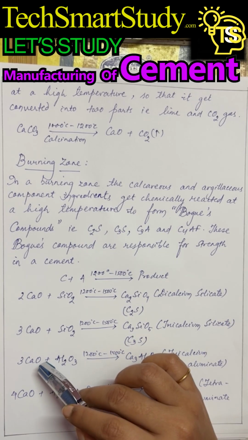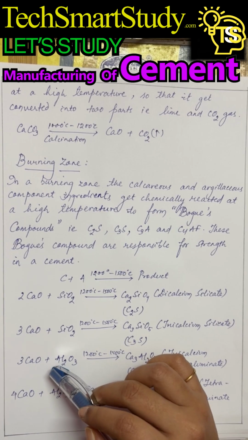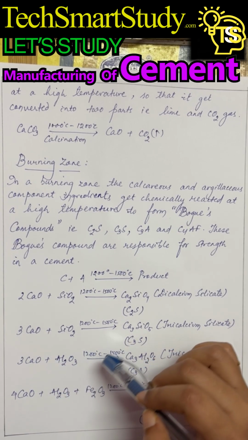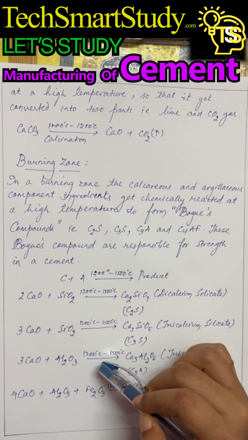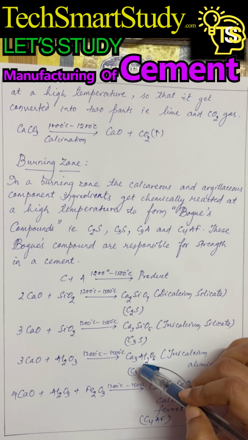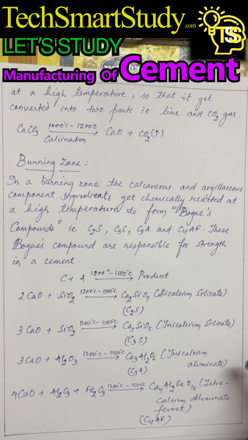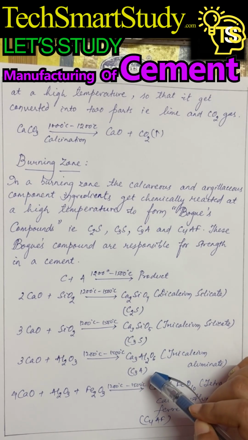Now the third Bogue compound is formed by the reaction of 3CaO plus Al2O3 at the temperature 1200 degrees centigrade to 1500 degrees centigrade to form Ca3Al2O6, that is tricalcium aluminate, C3A.